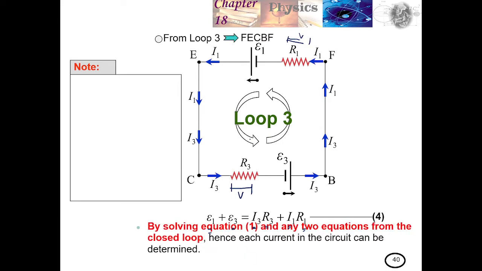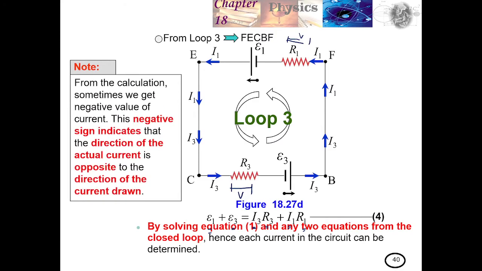By solving equation 1 and any two equations from the closed loops, the currents in the circuit can be determined. From the calculation, sometimes we get a negative value of the current. This negative sign indicates that the direction of the actual current is opposite to the direction of the current drawn.